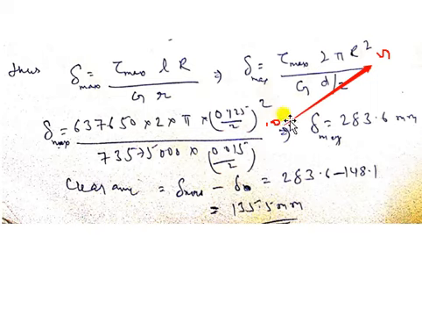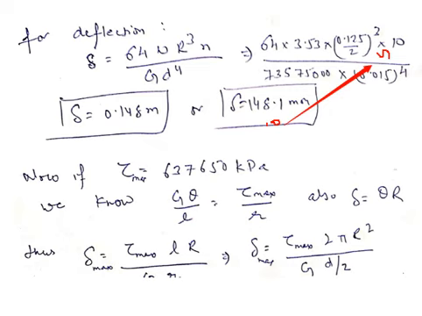So upon using this calculation, I have seen that delta max is this value, 283.66 millimeters. And you know, for the maximum loading condition of load of some 3000 newtons, we calculated delta to be around 148.1 millimeter.